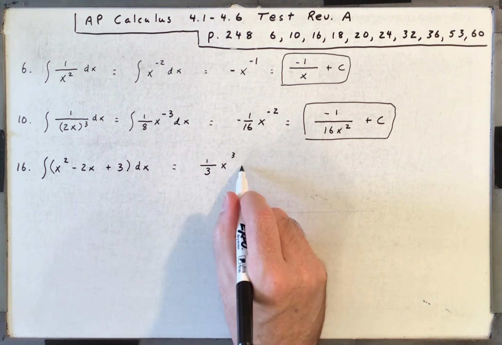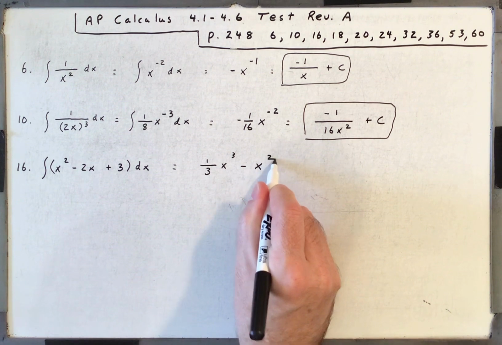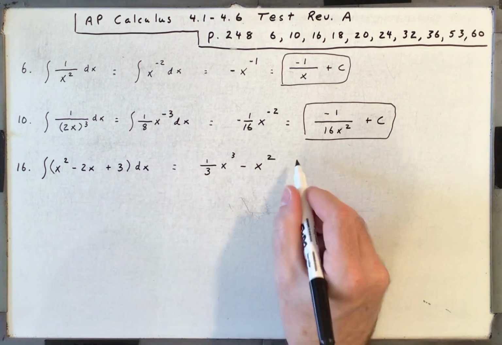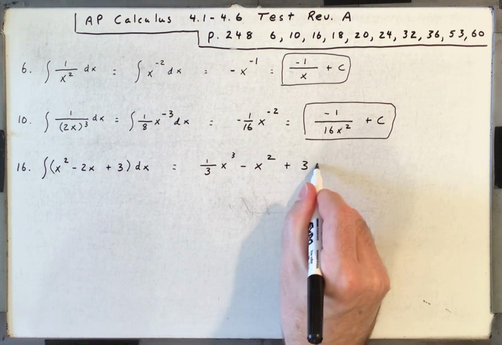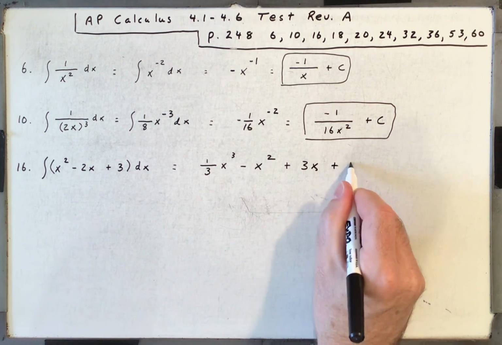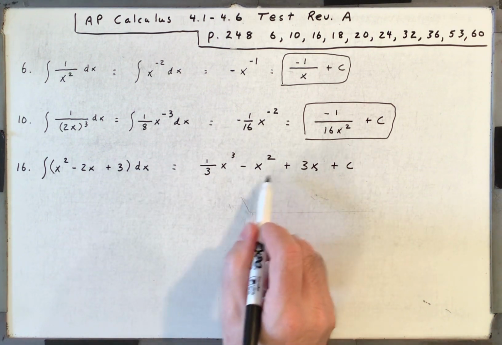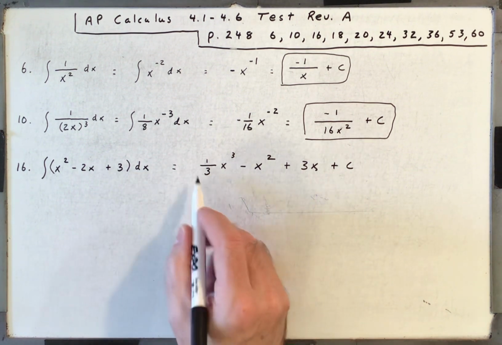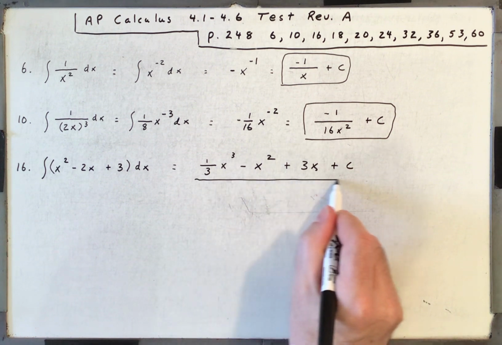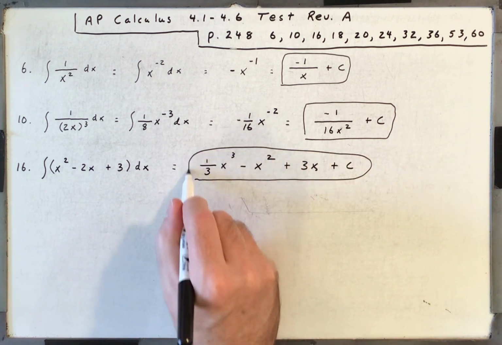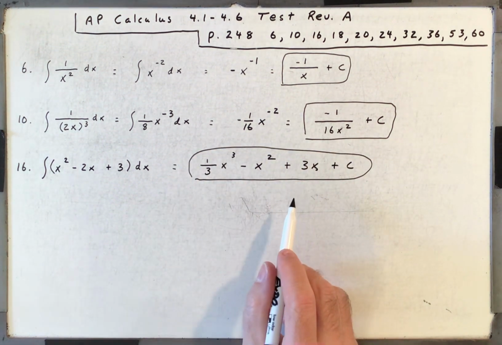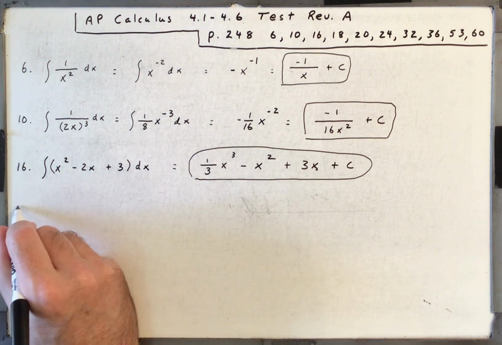For 2x, the antiderivative is x squared. And then for 3, it would be plus 3x. And then plus c. So many students, when they get to a constant, forget and take the derivative, and then it would just make that 0 and it goes away, and they forget that term. That's why you want to check. You won't mess that up if after every antiderivative you check by taking the derivative.